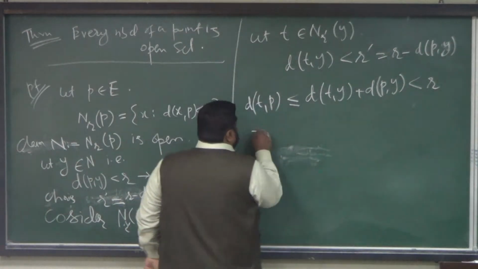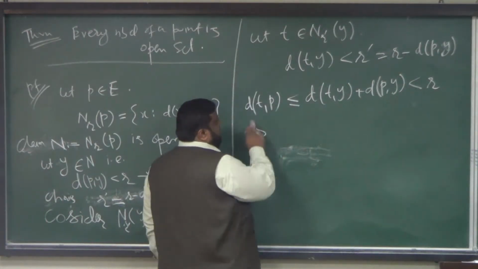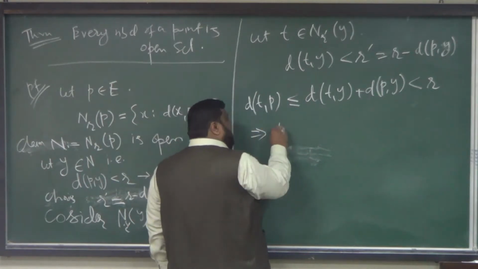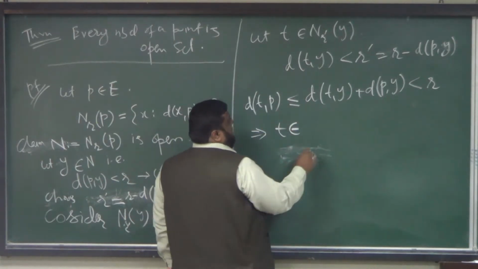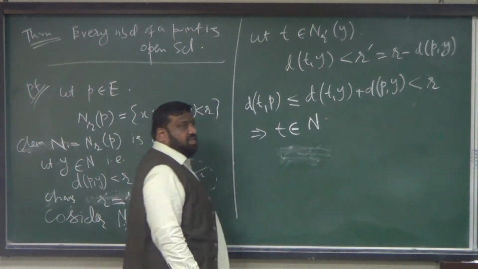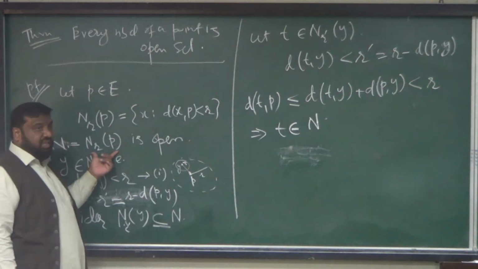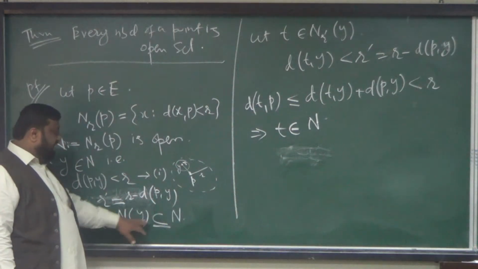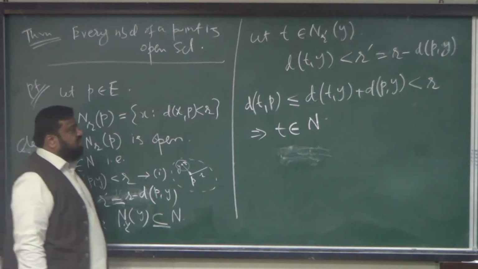So if the distance between T and P is less than R, then this T must be in N, in other words, in this neighborhood of P. So this is entirely contained in N. So what does it show?